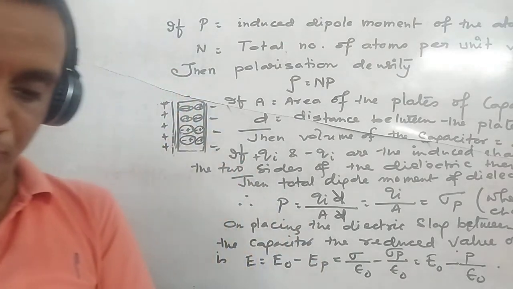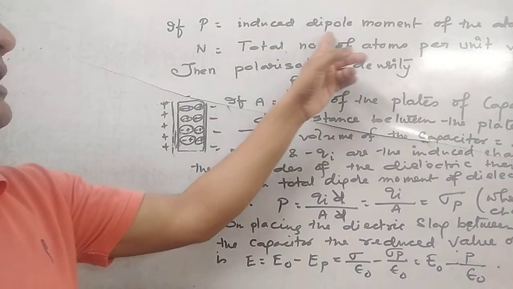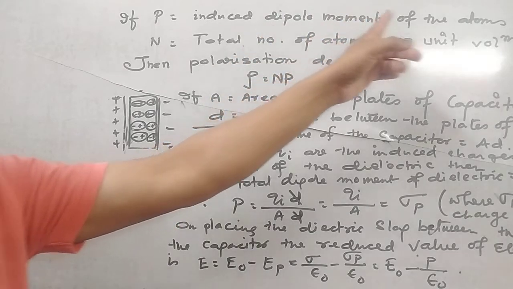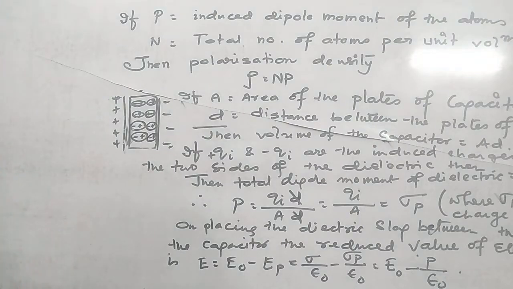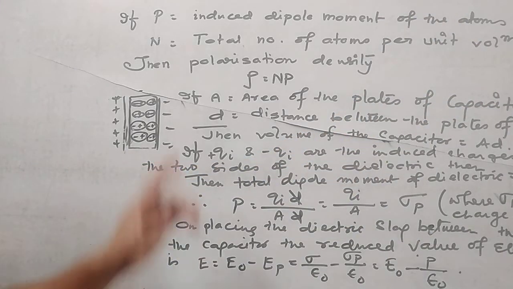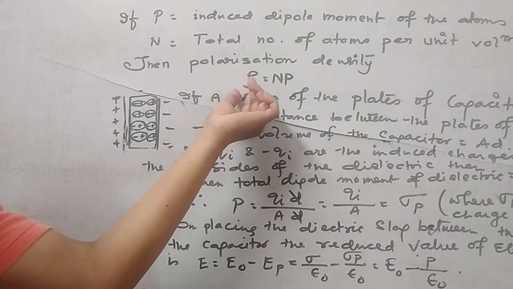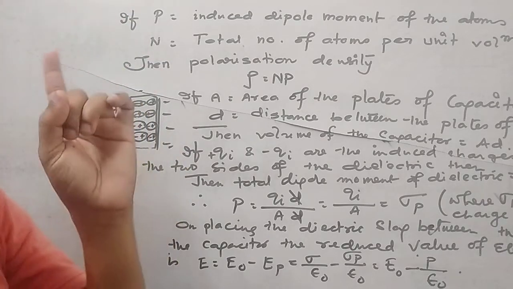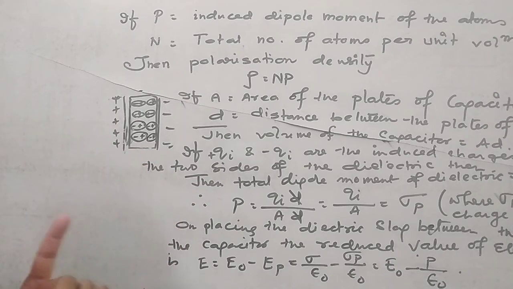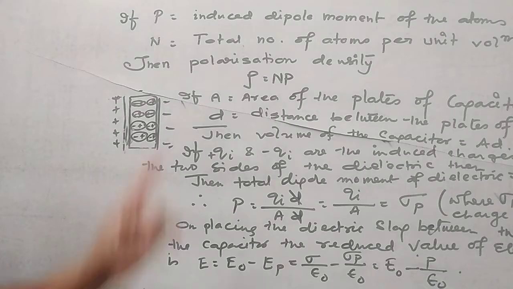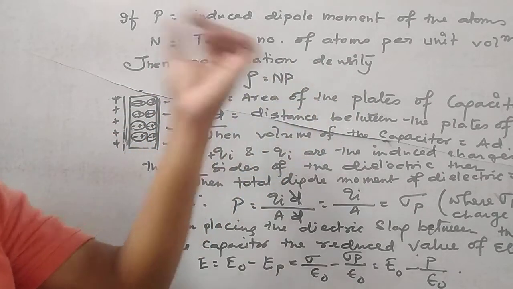So if p is the induced dipole moment of each atom of the dielectric, and if capital N is the total number of atoms per unit volume, then the polarization density is P equal to N into p. Is it clear?